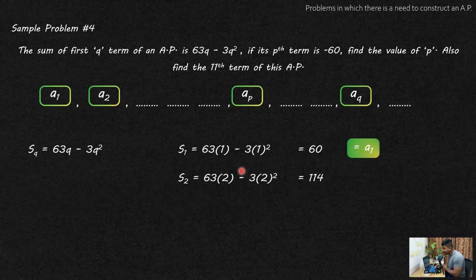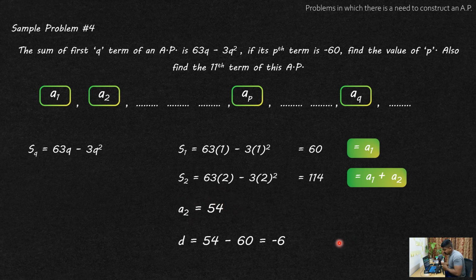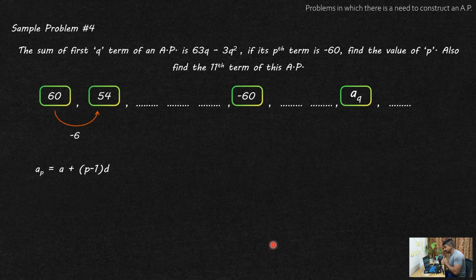S2 is 114, which is the sum of first two terms. So A1 plus A2 is equal to 114. From here we can find A2, which is equal to 54. So you can see A1 is 60, A2 is less than 60. Common difference is going to be negative, and in this case it is minus 6.